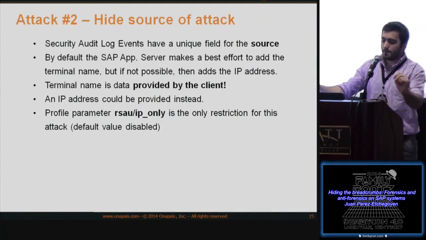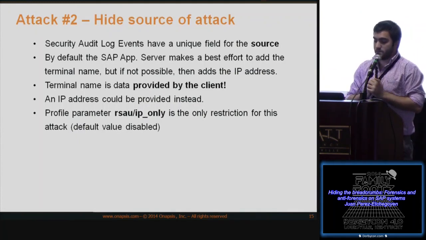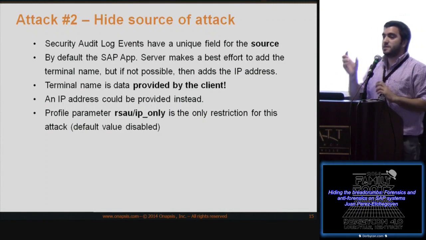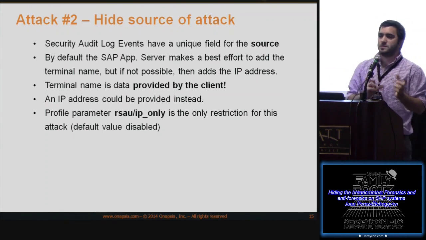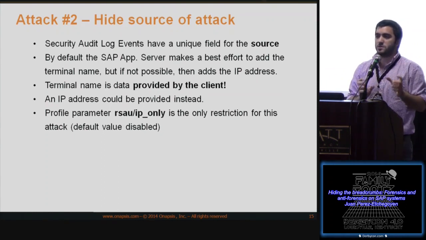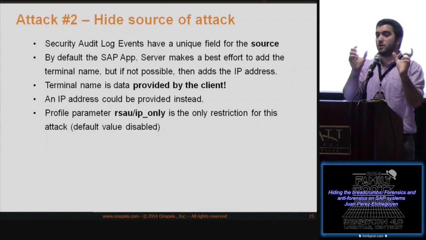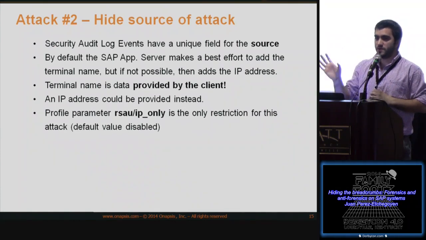Second attack, hide source of attack. And this is very, very interesting. Security audit log has a unique field for the source of the event, right? So we might see in some other log or correlation products that you have IP and hostname or other fields, right? Well, security audit log only has a source field.